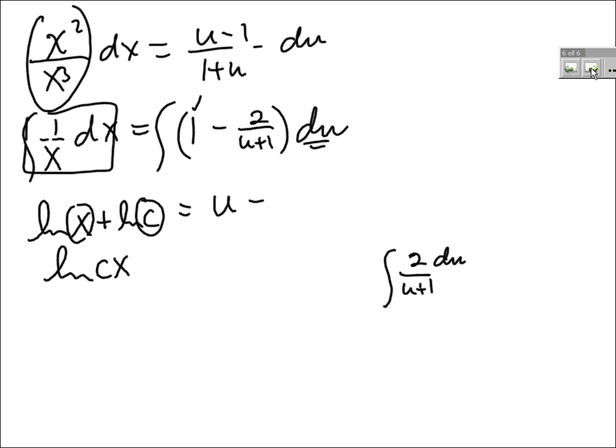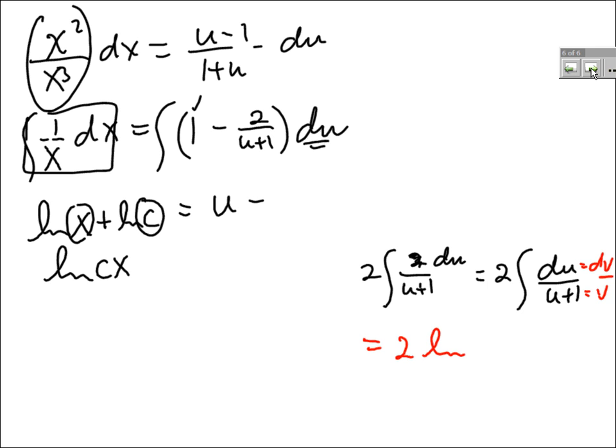Well, you can pull out the 2, so now you have 2 times the integral of du over u plus 1. But if I call this bottom v, if v is u plus 1, then du would be dv. That is, I have dv over v.